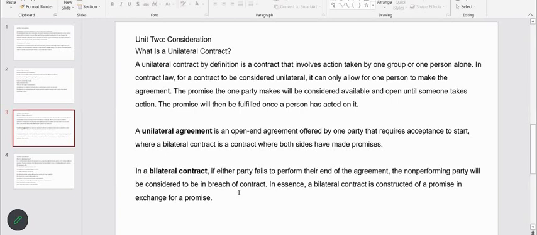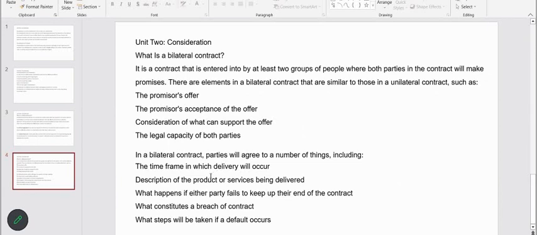That means both of you sign the contract, the owner and the contractor both must agree, and if either party does not perform to the expectation of the owner, then the owner has the right to sue the contractor. Either party, right? If the owner doesn't pay the money after you perform the job, you as a contractor can sue the owner also. So both parties are concerned, not only one party, right?